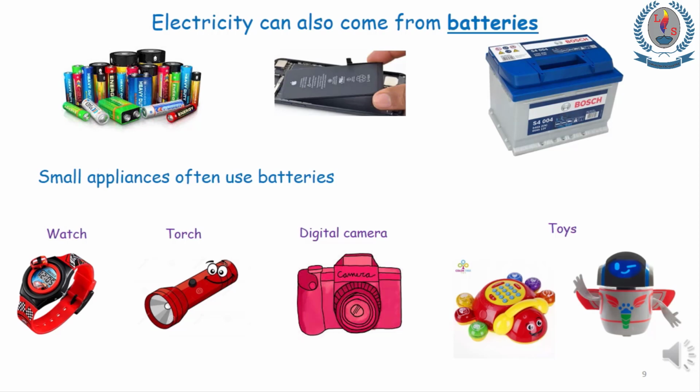You can see there are different types of batteries like the torch battery, phone battery, car battery, and many more. Small appliances like the watch, torch, camera, and your toys use batteries. In your workbook, page 69, there are different types of batteries. Try to match and complete it.